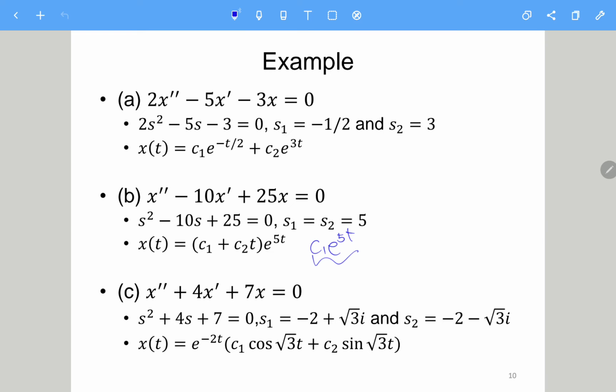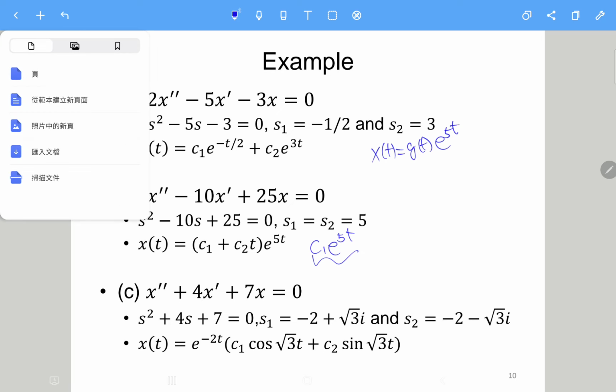So let us assume x of t to be, let's say, g of t times exponential to 5t. So we just skip the C1. C1 can be regarded as a part of the g of t. Okay, so let us plug this one into here, so we can see. Maybe I just open another page.